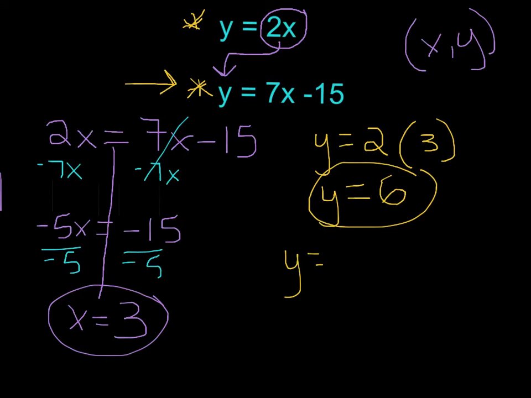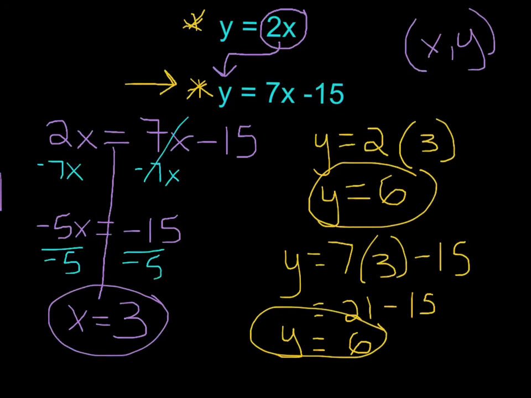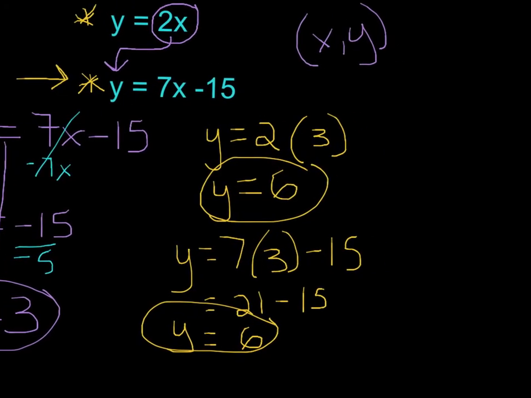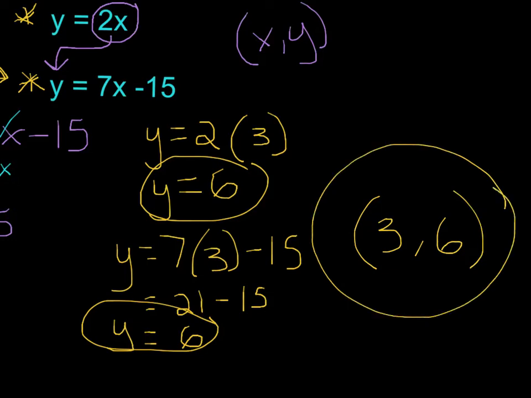So y equals 7 times 3 minus 15, which is 21 minus 15, which is 6. So whichever equation you use, it doesn't matter, you will get that y equals 6. So your actual answer is the point (3, 6). If you were to graph those two equations, they would intersect at the point (3, 6).